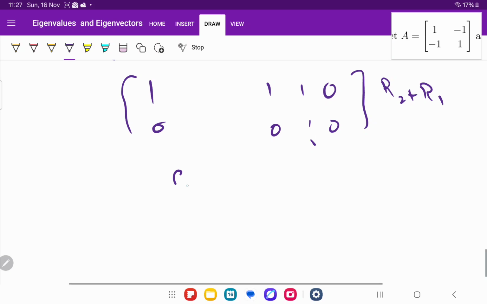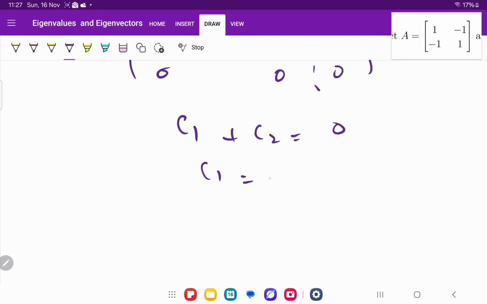So it means that C1 plus C2 equals 0, so C1 equals minus C2.